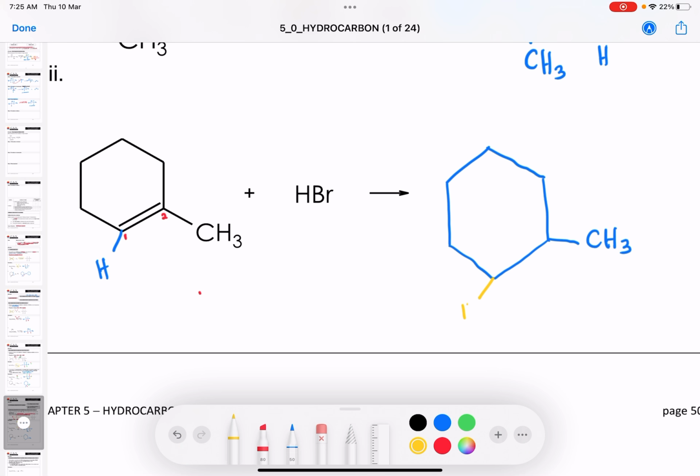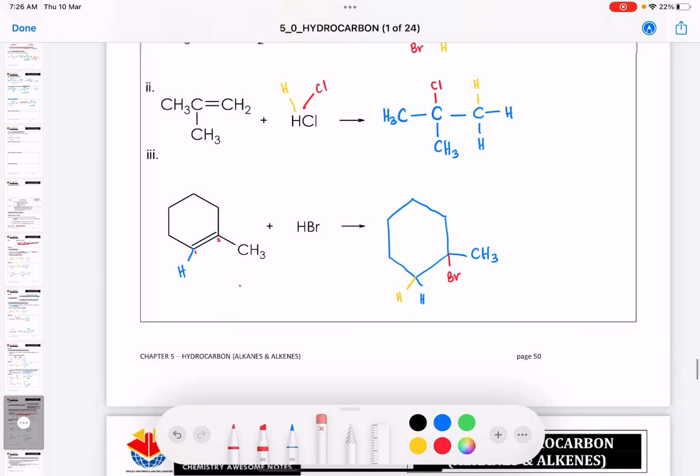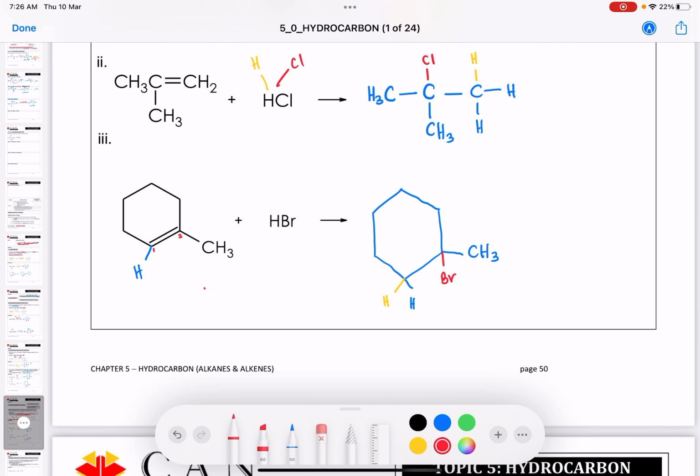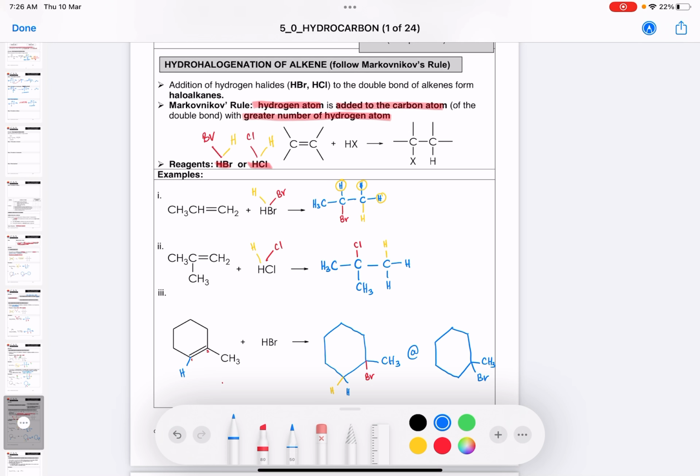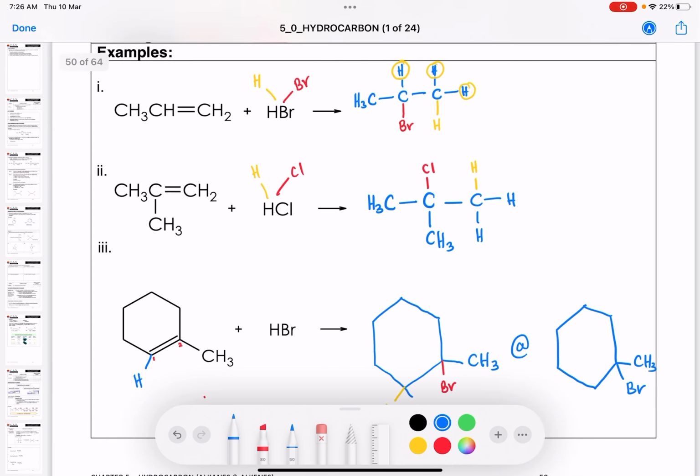So H will be added here alongside another H right here, and your chlorine or your bromine will be added here. Or you can actually write it like this, CH3 and then Br without showing the H. You can also write like that. So this is hydrohalogenation of alkene that follows the Markovnikov rule.